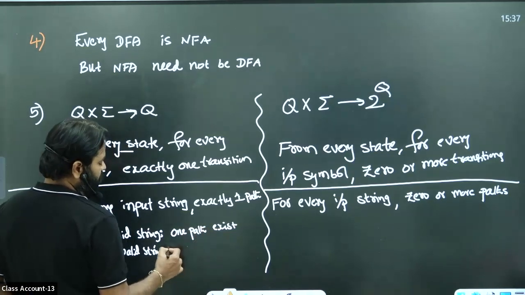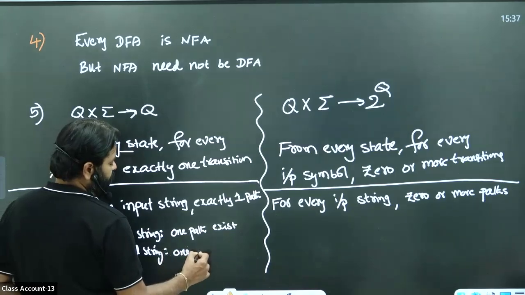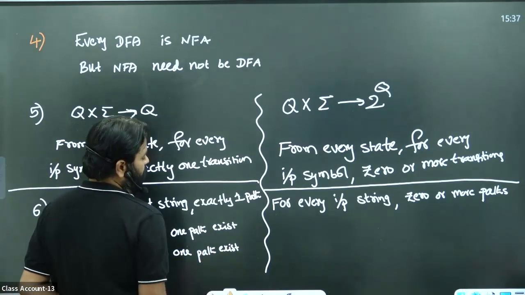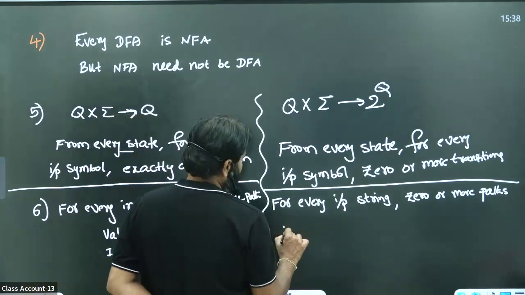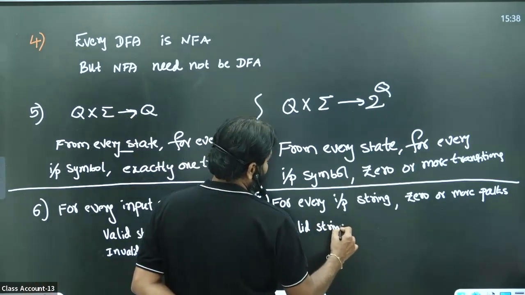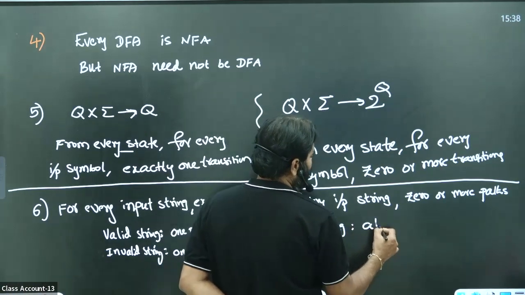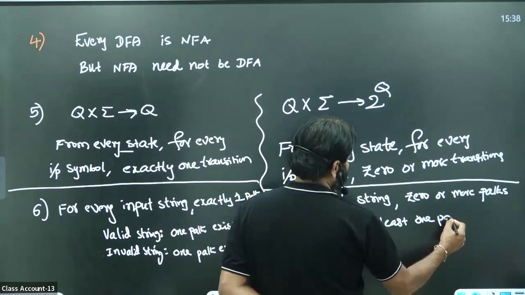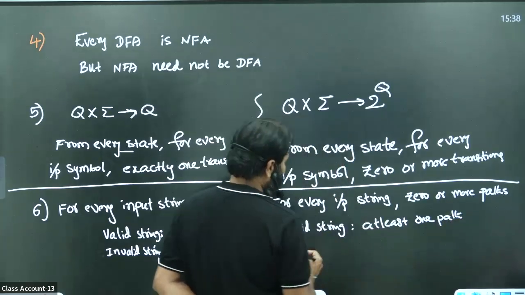Here also one path exists. Here for a valid string, at least one path will be there that should halt at final.